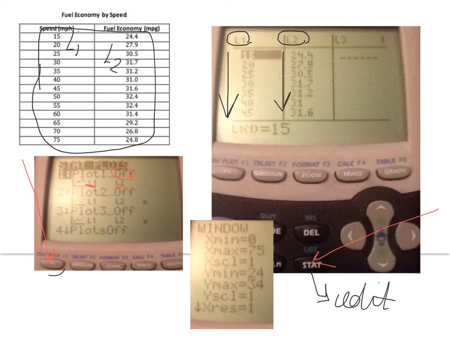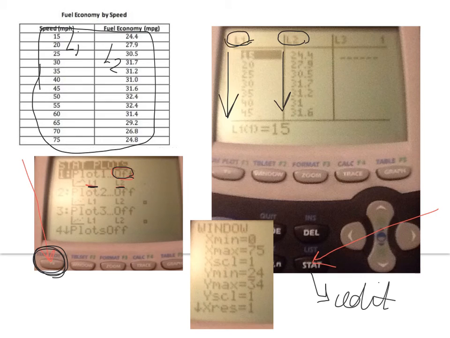Okay, and once you finish that, you can go to second stat plot and turn on one of the stat plots. So statistics, that's what we're using. So we're going to turn on the first stat plot, which you see here for mine has list 1 and list 2 is what it's going to graph.